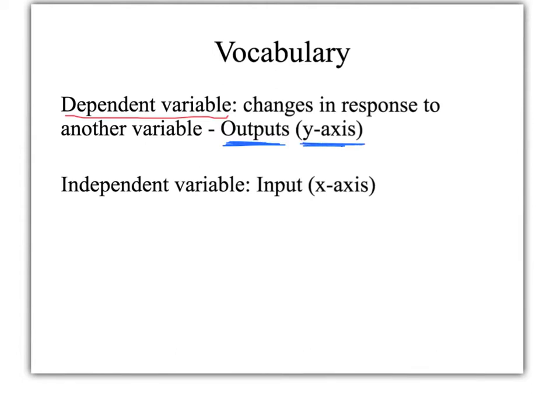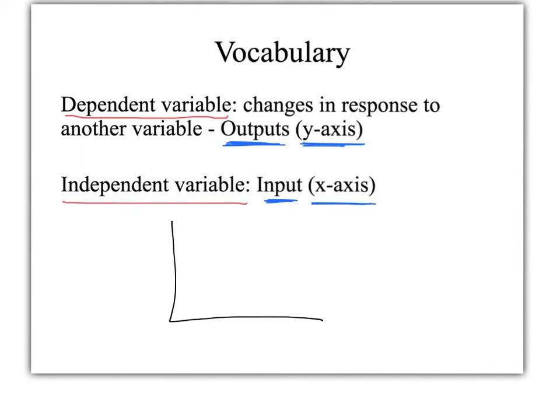So the dependent variable changes in response to another variable, and the independent variable is the variable that it's changing in response to. Those are going to be the inputs, and they're going to be graphed on the x-axis.